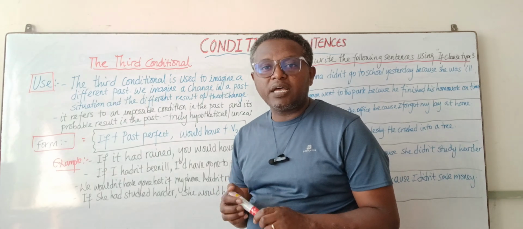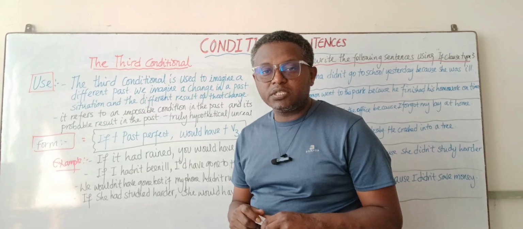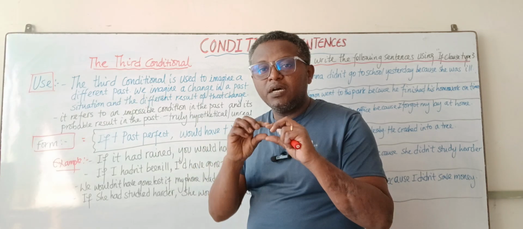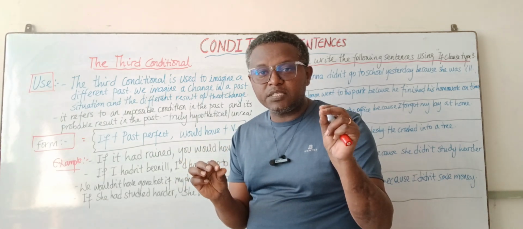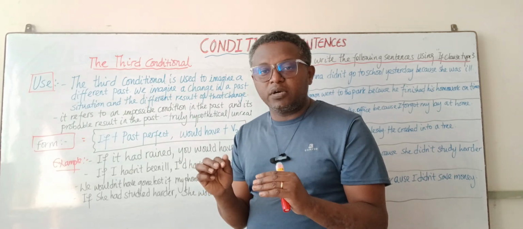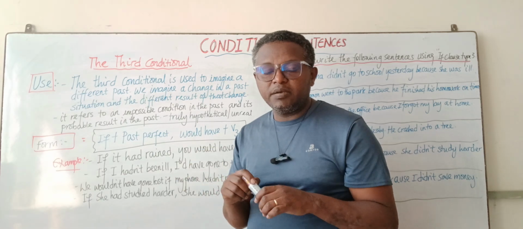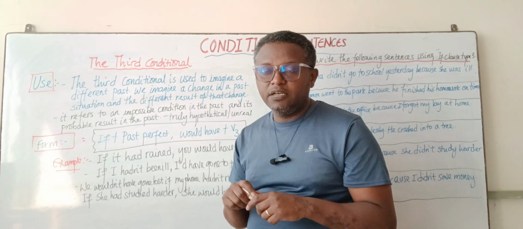Type 1 conditional is used to talk about possible conditions, where we use both present simple tenses in the zero conditional, and in type 1 conditional we use if plus present simple, and in the main clause we use will future, will plus verb 1.